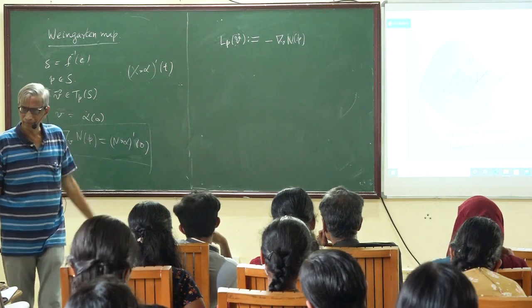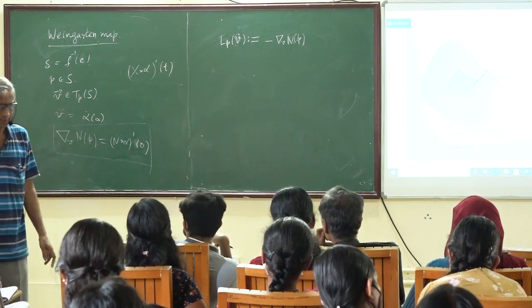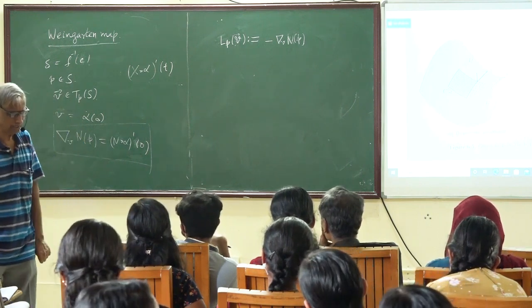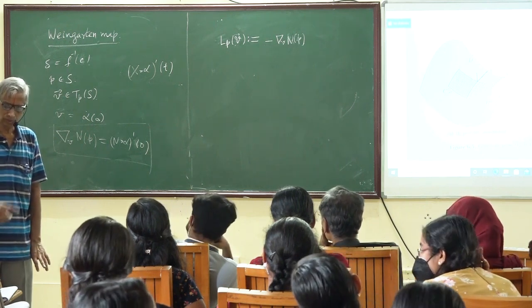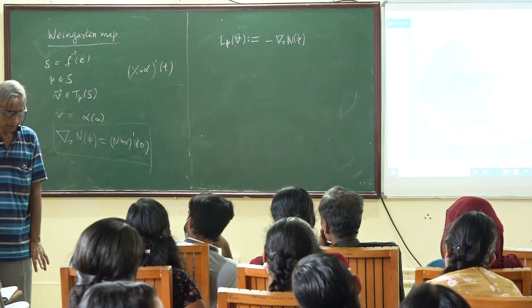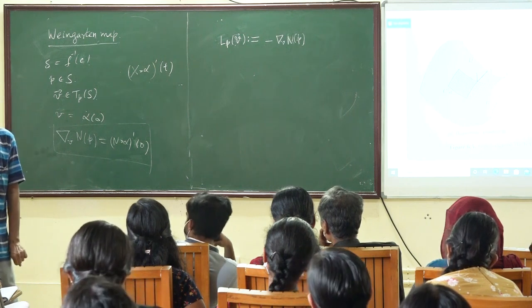What does the chain rule give you? N dash, what is meant by N dash? You mean Dn?